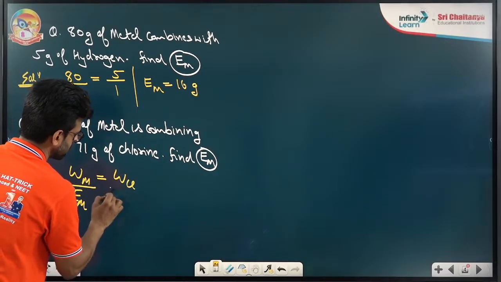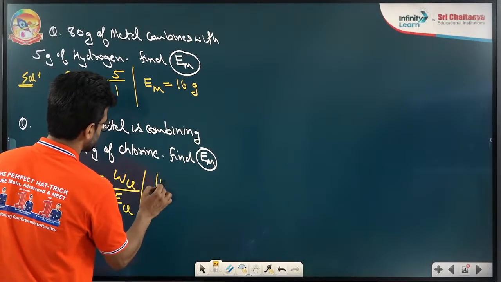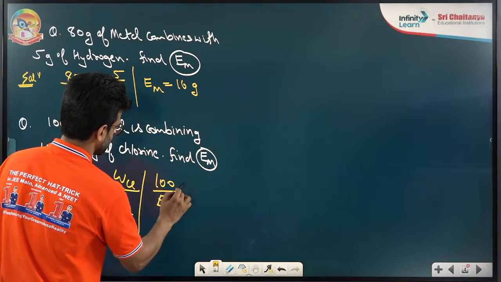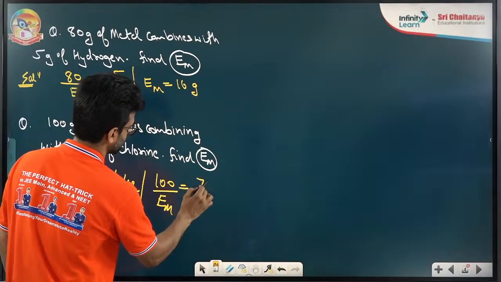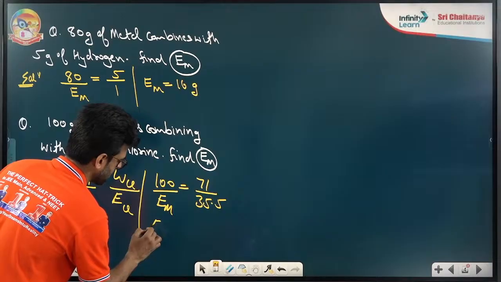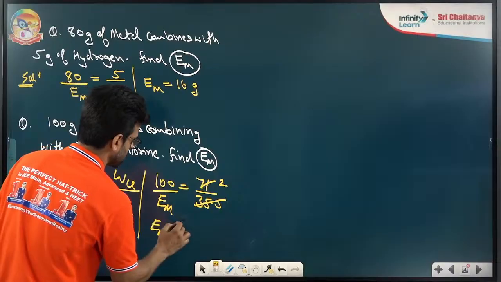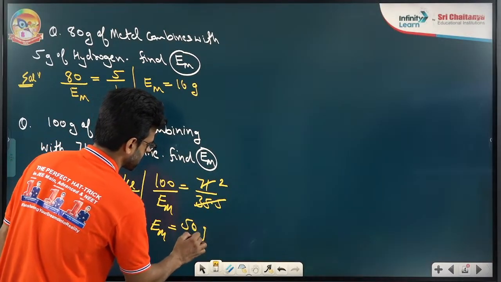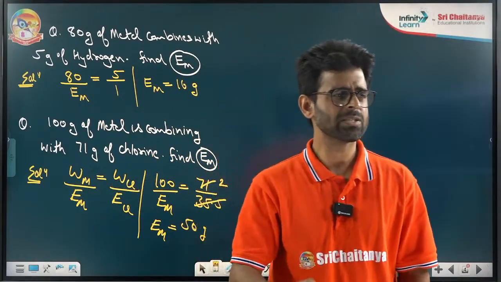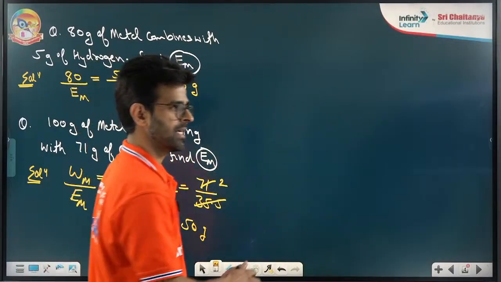So weight of chlorine divided by equivalent weight of chlorine. 100 gram metal divided by equivalent weight, we have to find Em, and here the weight of chlorine is 71, and equivalent weight of chlorine is 35.5. So what's coming Em from here? If you solve this, it is coming 2, so Em is 50 gram. Great. Easy questions, this type of easy questions. First type of question. Okay, the next one.